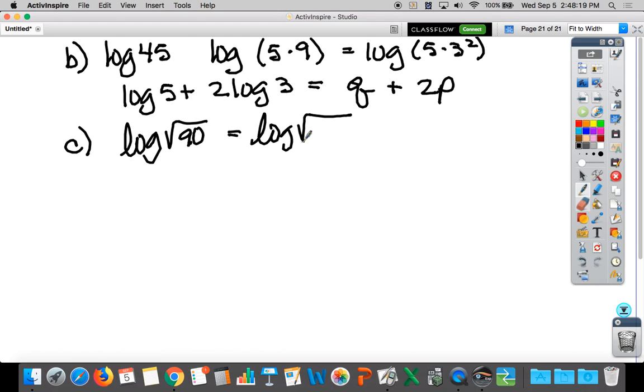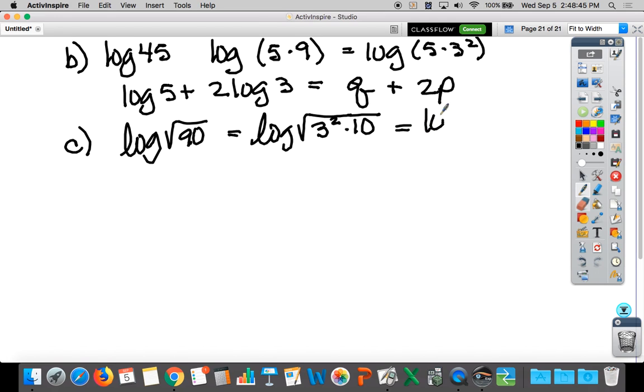Caleb, I heard you saying something, keep going. I did 3 squared times 10. Okay. So Emma, if I misunderstood you, darling, you may have said something I misunderstood. So 3 squared is 9, and 9 times 10 is 90.